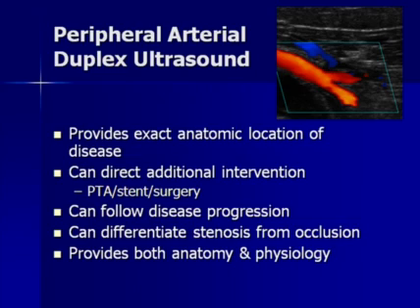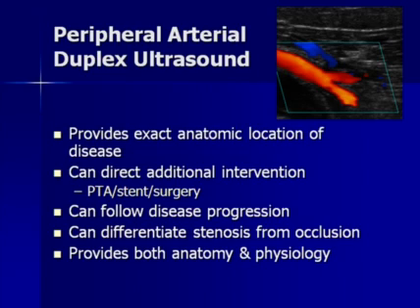Peripheral arterial ultrasound, we know, can exactly identify what piece of the anatomy we're looking at. It can tell us a particular point where there may be something abnormal. Having that information, we can help the clinicians direct additional intervention for their patient, whether that's angioplasty and stent or surgery, but this can be direct information from the ultrasound that they can utilize for therapy.